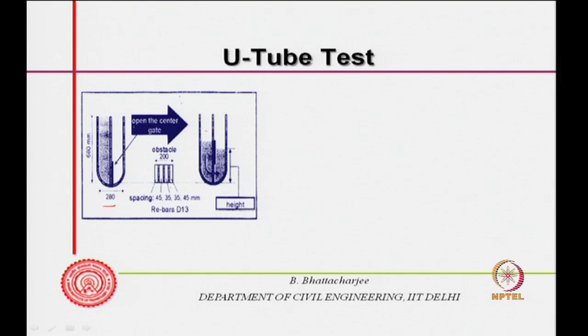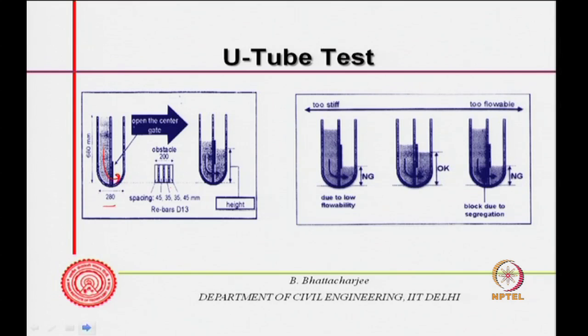So, what you do is, I just lift the gate up and allow the concrete to move from here. Now, if it is self compacting, then this height should be the same. If it is not flowing due to low flowability, it cannot be self compacting.